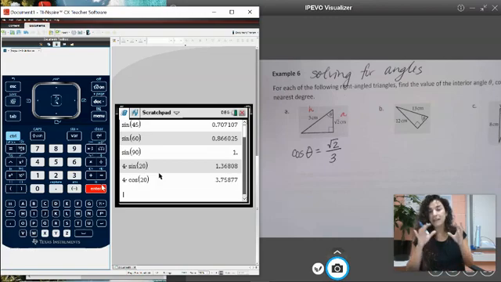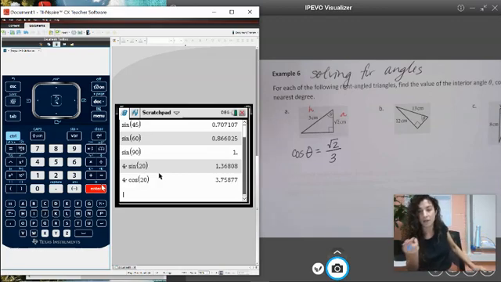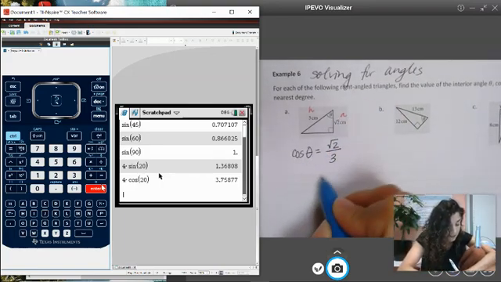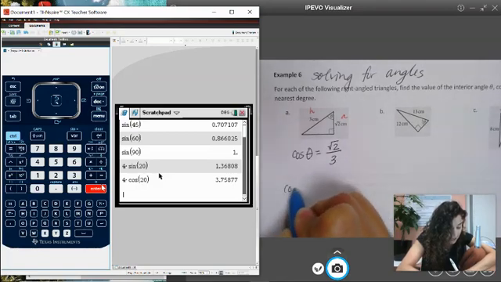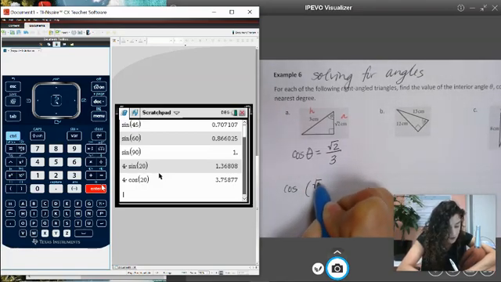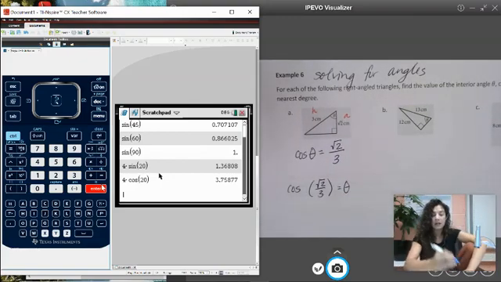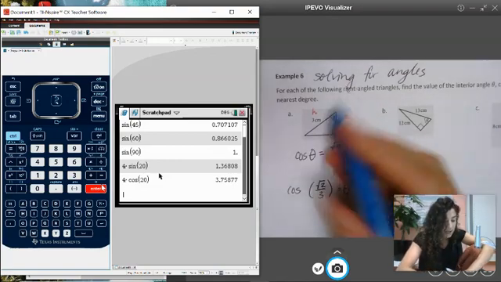Because if you remember, the inverse of any function undoes the previous function. Anything with inverses is where you flip your input and your output. And so when you're flipping your input and your output, that means that what goes inside of cosine is the square root of 2 over 3. And what goes outside now is theta. So all we've done is flipped these guys.